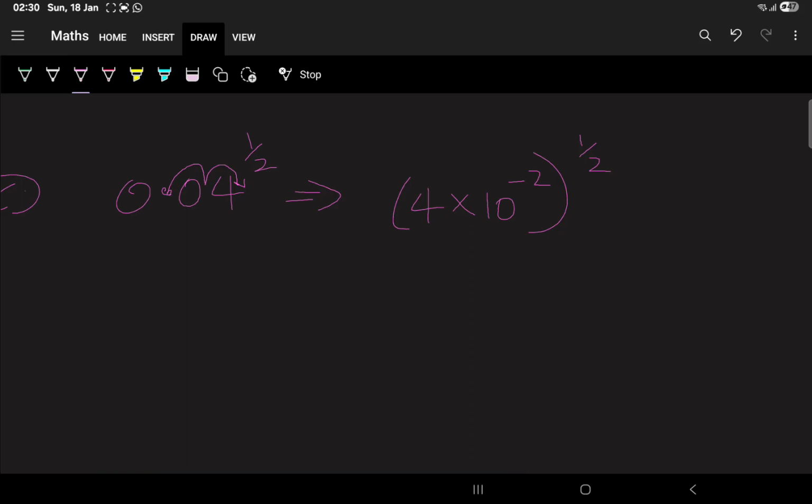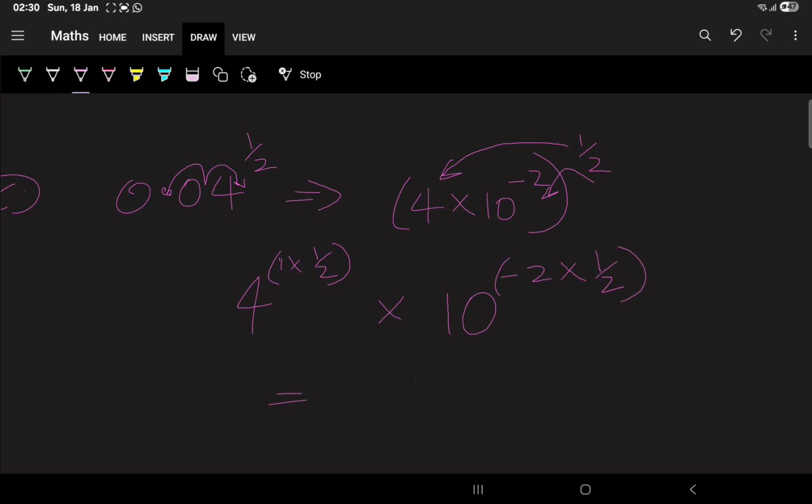Now, as usual, the 1/2 will distribute to the index of 4 and the index of the base 10 also. The index of 4 is 1 multiplied by 1/2, times 10, which is a base, and its index negative 2 multiplied by 1 over 2.